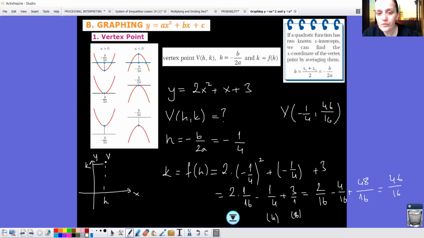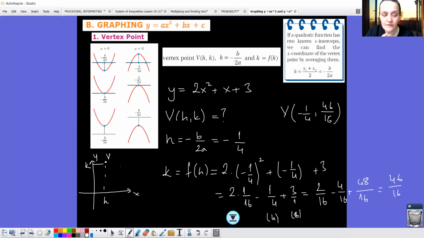Here I gave the numbers from my mind, because of that you have these big and different numbers, but the important thing is to know how we are finding the vertex point. So it will be 23 over 8, and here minus 1 over 4, and that one will be your vertex point.